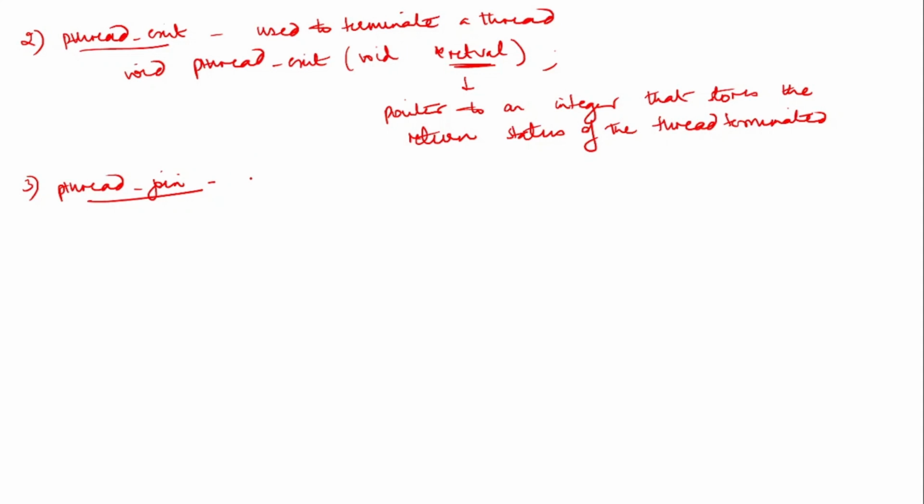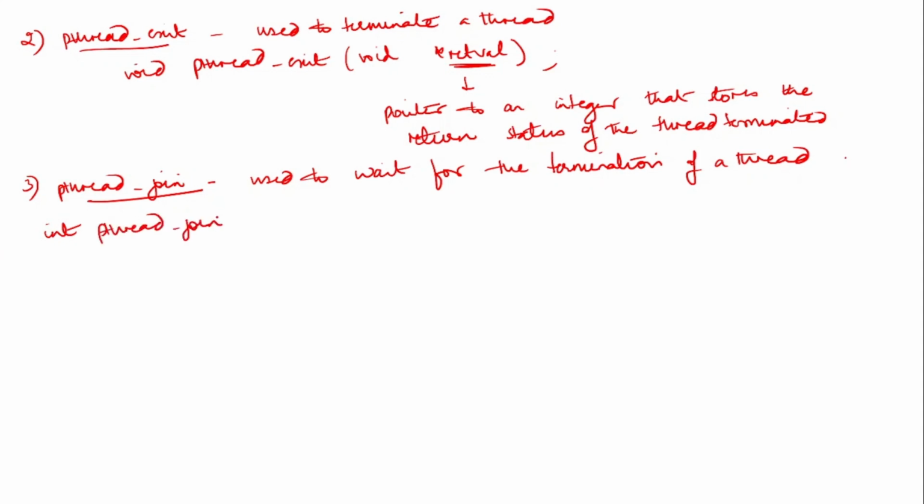Now the third important function here is pthread_join. This is used to wait for the termination of a thread. It is written as int pthread_join, with pthread_t th.